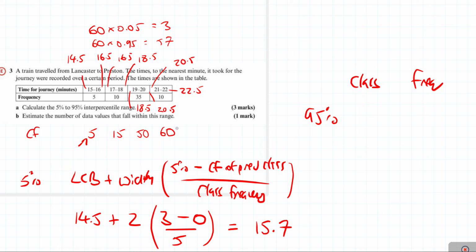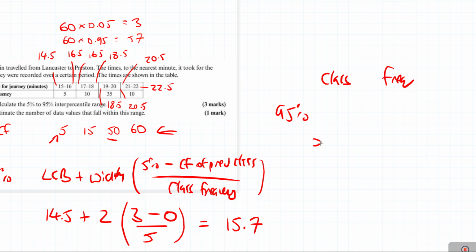So for the 57 one, it's going to be, so this class here is 50. So then we need to move it into the next class. So in this case here, again, we're going to find x. So it's x minus the lower class bound.